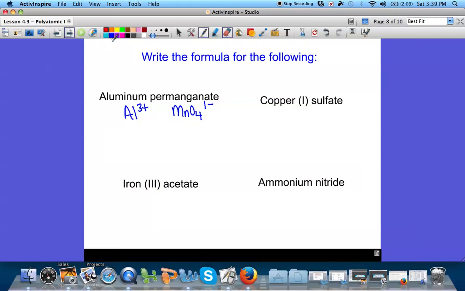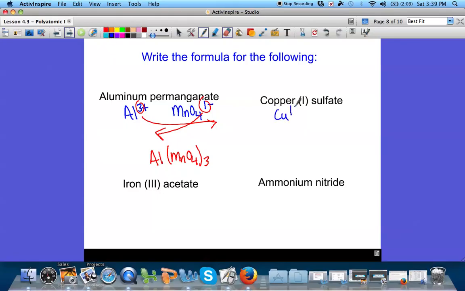So we're going to crisscross the numbers from the charges. And this is Al, MnO4 in parentheses, and then 3. We're going to have 3 permanganates.